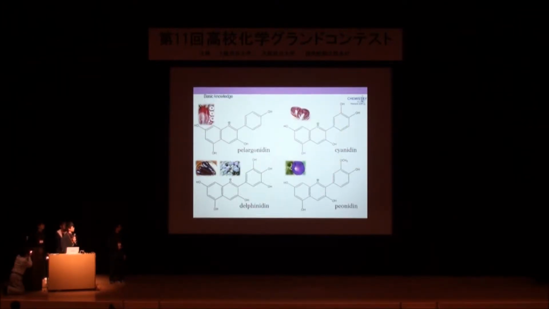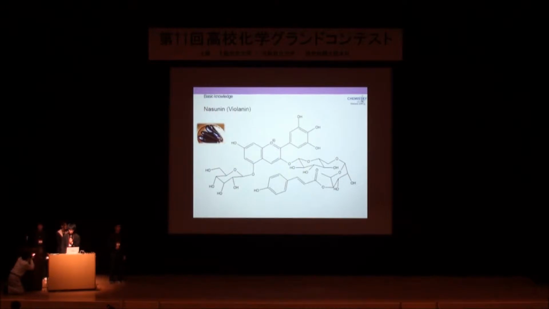These are the examples of anthocyanidin. Blue rings are hydroxy groups and yellow ring is a methoxy group. This is the structural formula of nasunin. This is a delphinidin, and cyanidin. Saccharide and organic acid are combined with delphinidin and nasunin is made up.